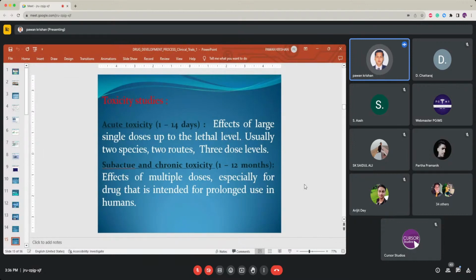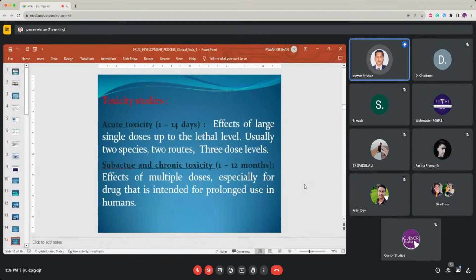In the acute toxicity studies, the drug is given in a single dose, as per the OECD guidelines, guideline number 421. In that, a step-by-step increasing dose is used.